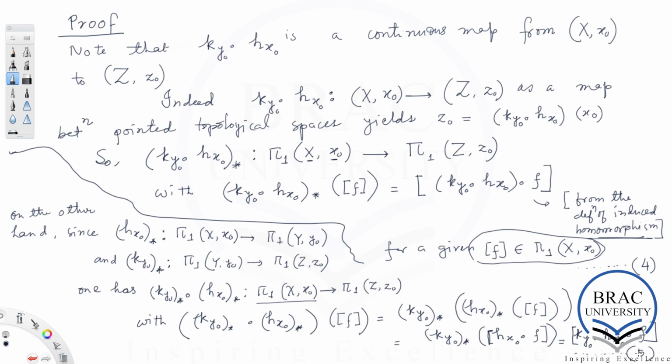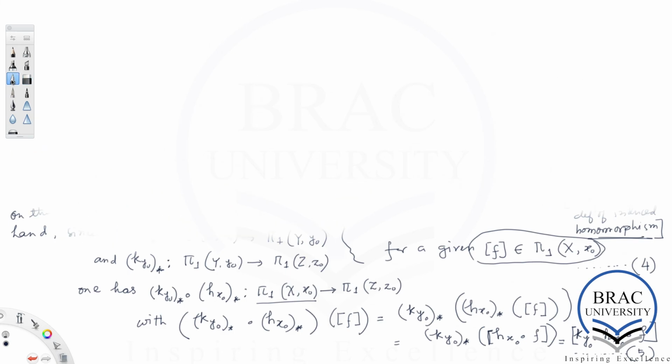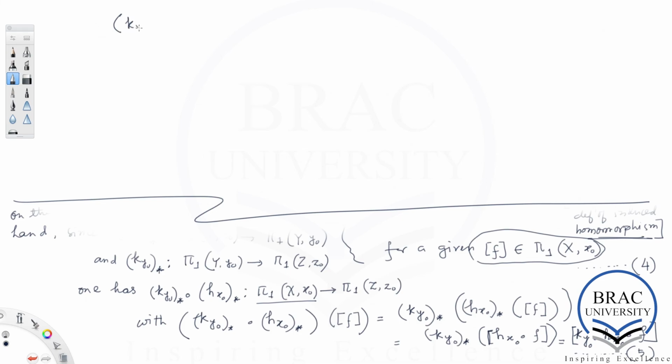Using 4 and 5, one immediately sees that K sub y0 composed with H sub x0 star is going to be equal to K sub y0 star composed with H sub x0 star, both of them being equal to the composition of these three maps.